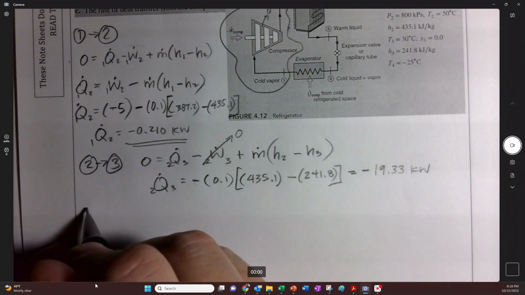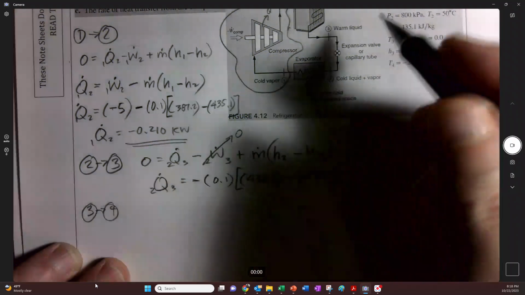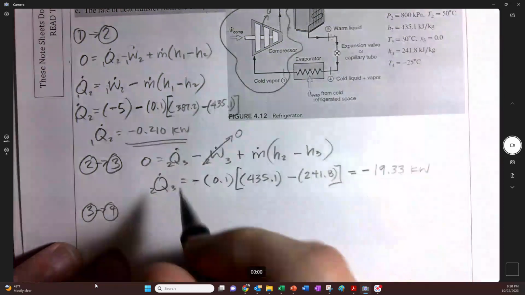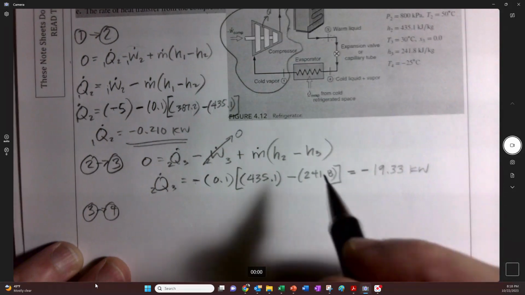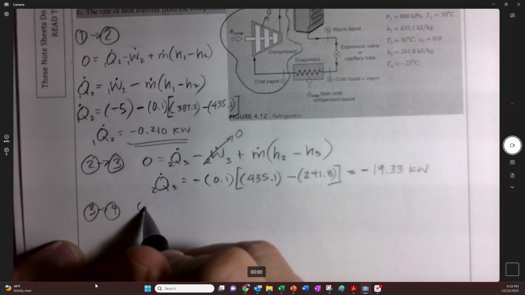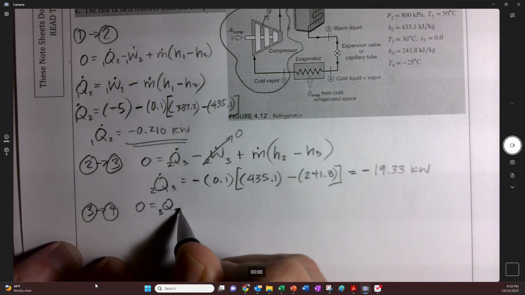Okay, so now we go from 3 to 4. So that means we're going to go across this valve, right? So this is a special situation here, where I guess we could go ahead and write this out, but we're going to see in a second that most everything goes away.